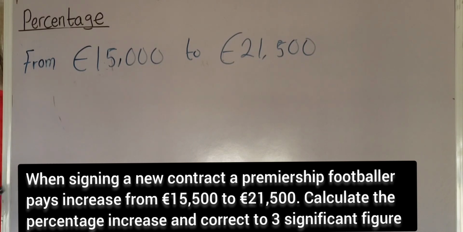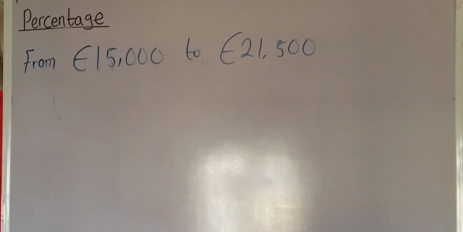Now in our previous class we learned how to calculate percentage change. Percentage change is equal to the difference between the old value and the new value divided by the old value, multiplied by 100%. I'm very sure you understand. So let's go.